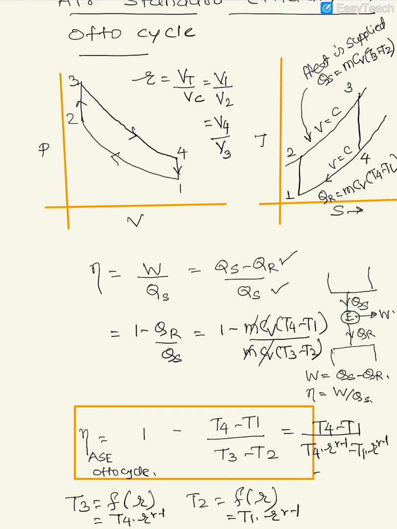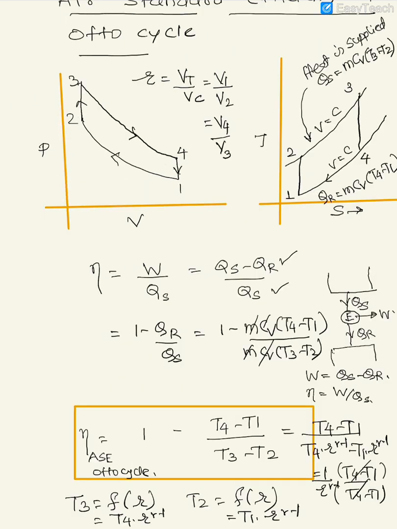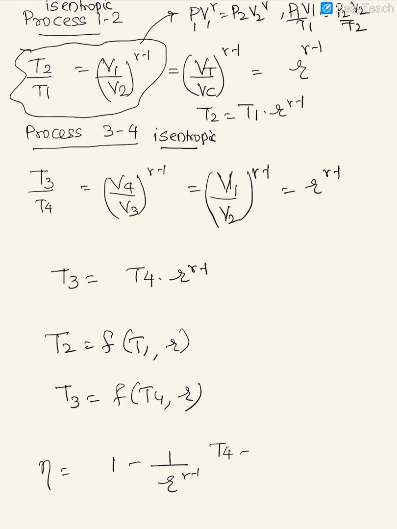If you take r raised to gamma minus 1 outside, this is (T4 minus T1) upon (T4 minus T1) times r raised to gamma minus 1. The T4 minus T1 terms cancel off, and you will be left with efficiency equal to 1 minus 1 upon r raised to gamma minus 1.